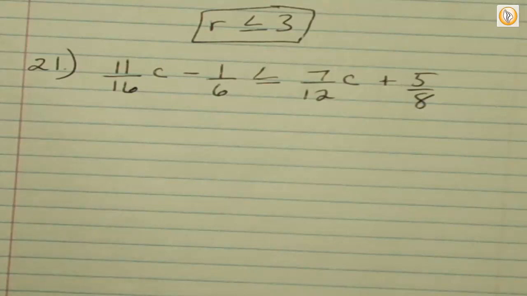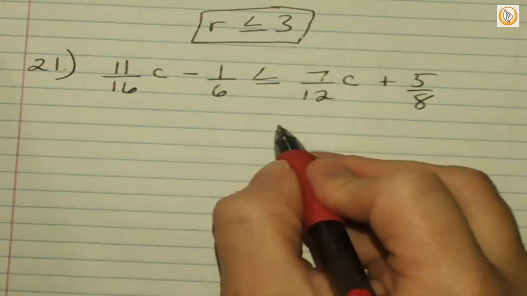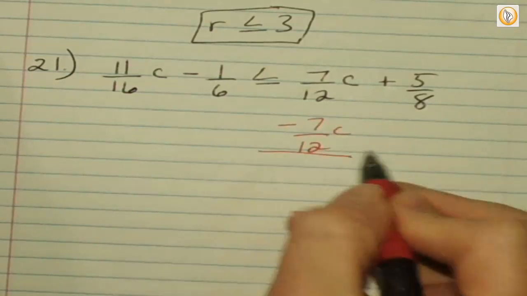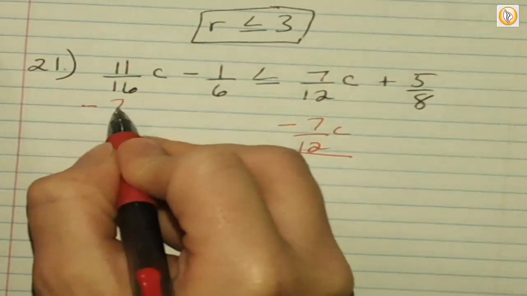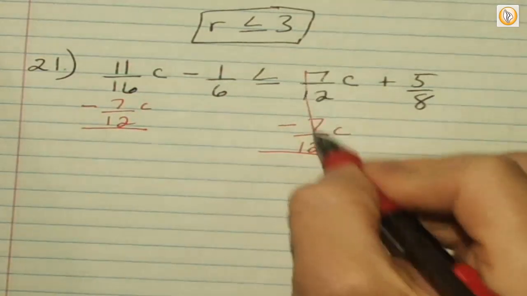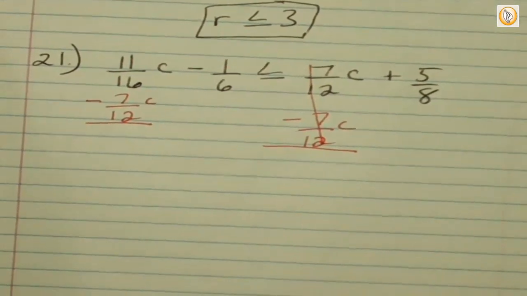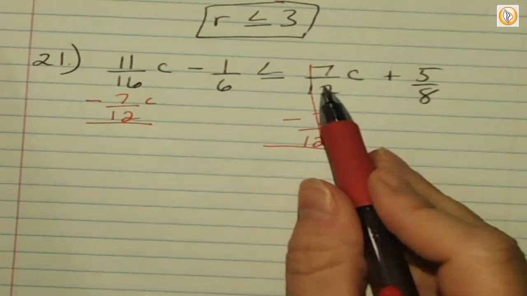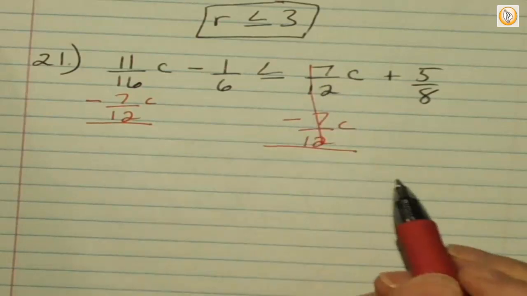Subtract the 7 over 12c from the c. Okay, so he's subtracting 7 over 12c because we're moving the whole thing. So that's why we're not dividing. We want the whole thing over.